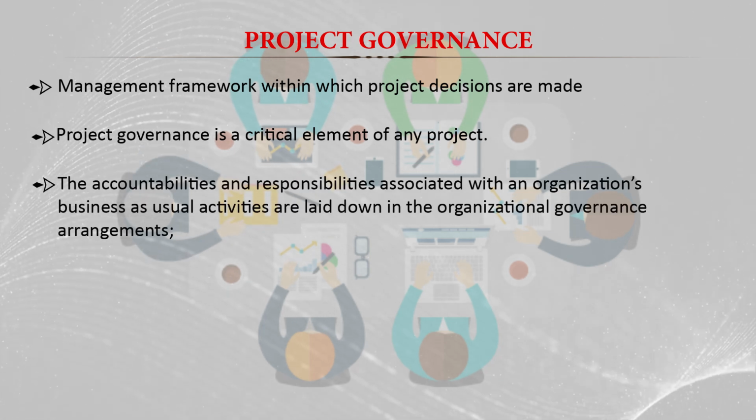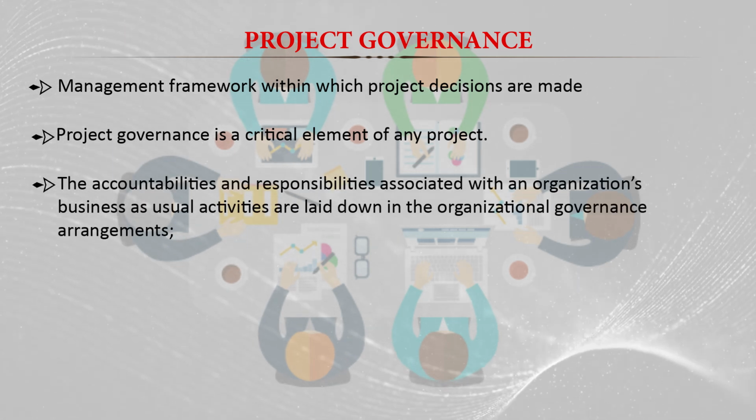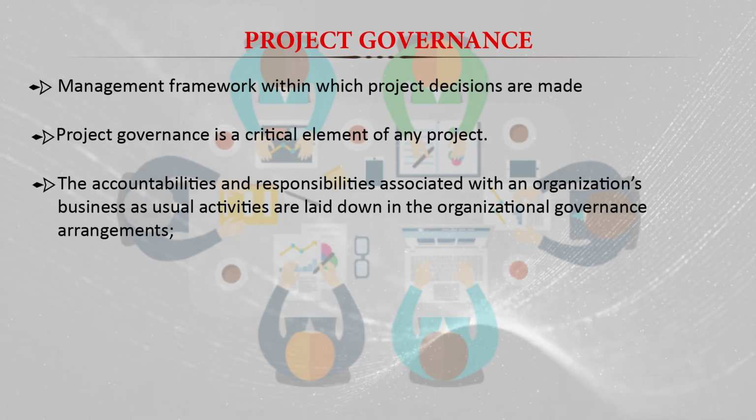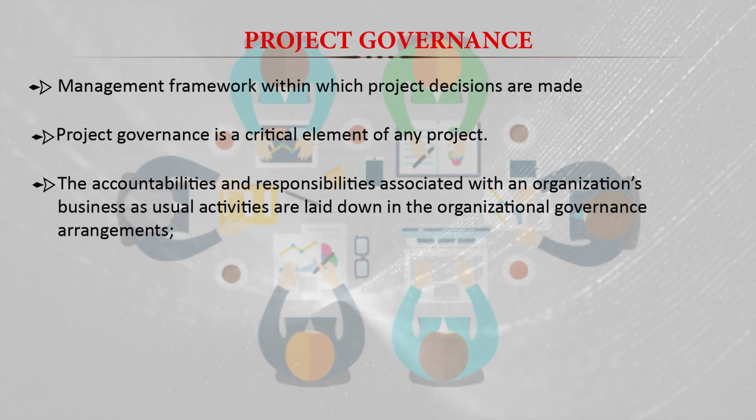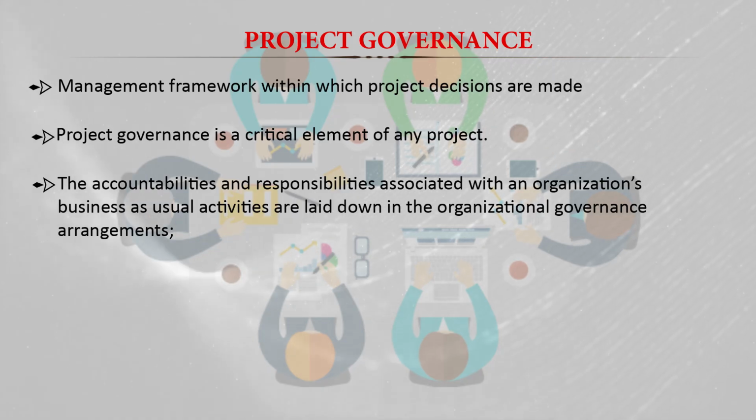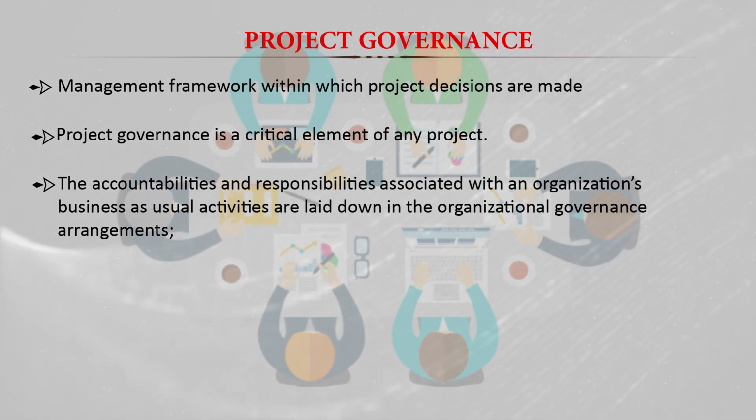So the accountability and responsibility associated with an organization's business as usual activities are laid down in the organization's governance arrangements. Generally, when we see the organizational pattern of organizations, we can see who is the director, who is the deputy director, who is the assistant director.